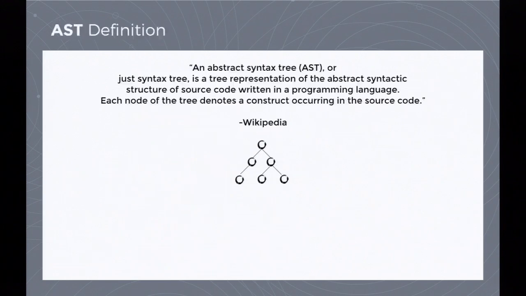Jumping straight to a definition, what is an AST? From a really high-level perspective, it's just a tree representation of the syntactic structure of your code. For instance, you can have a function declaration. The arguments list would be a child of that, and the body would also be a child of that. That structure captures your entire syntax across your code.